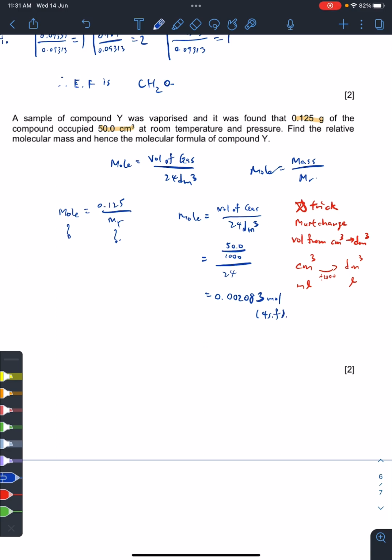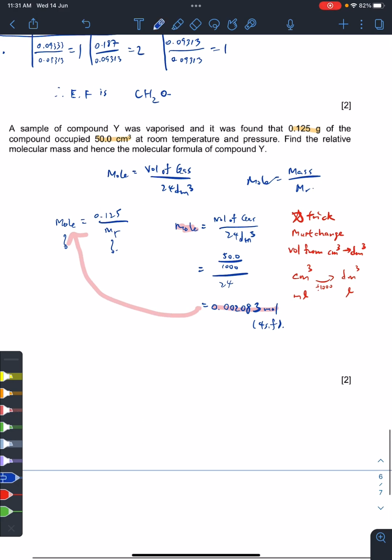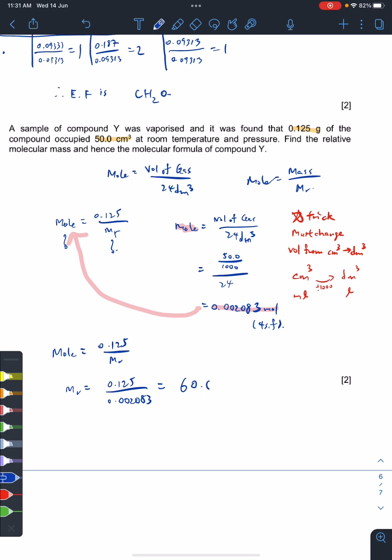Then after which, now I've got the mole. Then you can use the other formula. Mole equals 0.125 over Mr. So Mr equals 0.125 divided by 0.002083, which is 60.01.